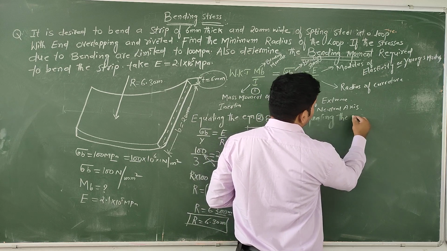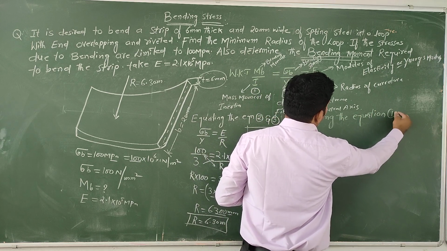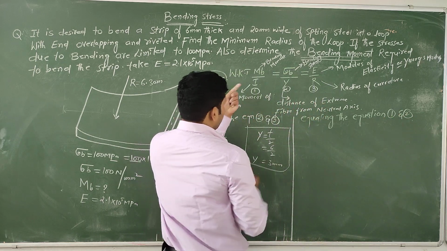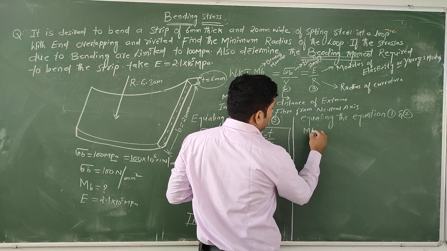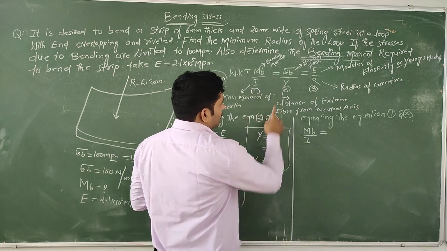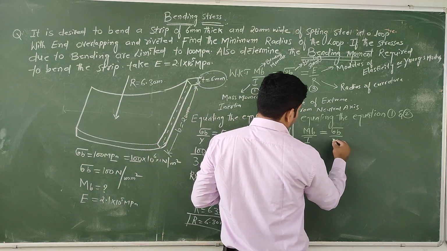Equation 1 is bending moment by I equal to sigma b by y.